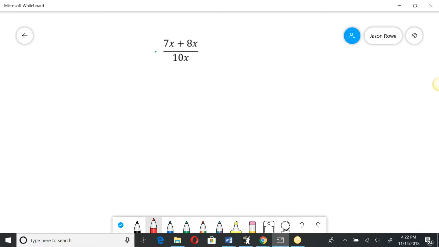So here's an example here. And what I notice here is I've got a fraction. And what I need to do is just combine what I can combine. So if I look at the numerator, I've got 7x plus 8x. So that's 15x. And then I've got 10x as a denominator. And so now all I've got to do is simplify this. Well, some things that I've noticed here, these x's are in common.